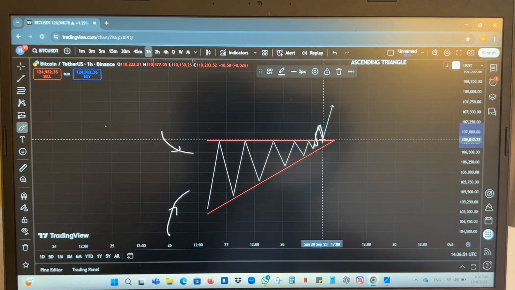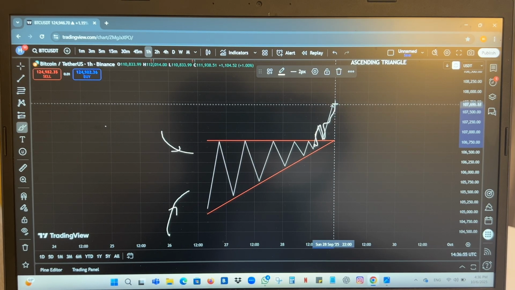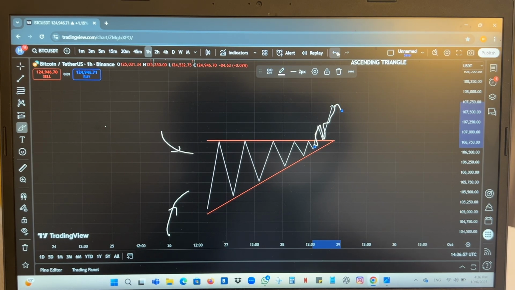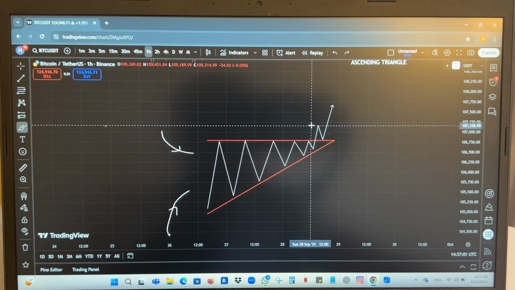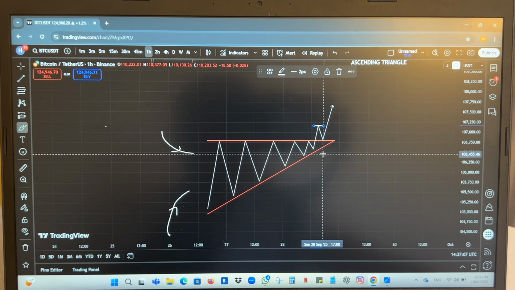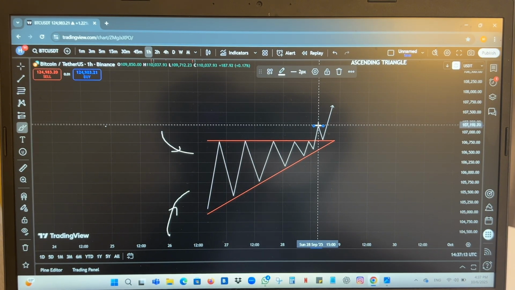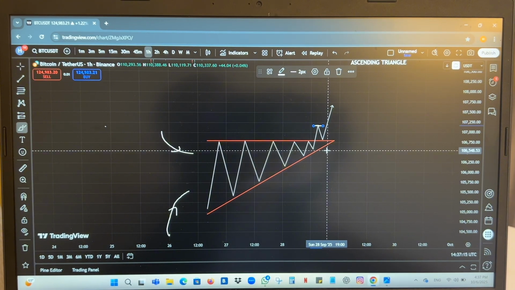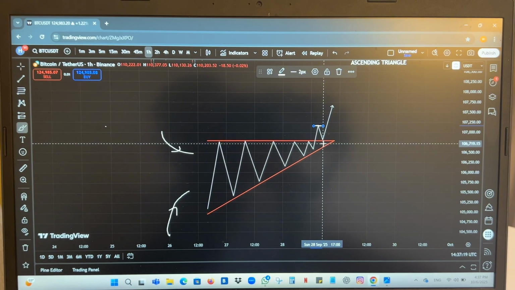It's making higher highs, higher lows, and then it goes for a retest, and then it just goes up. So you always have to be patient. You have to put your limit orders here and wait for the retest. This might be clean, this might not be clean. The retest might be clean, might not be clean.